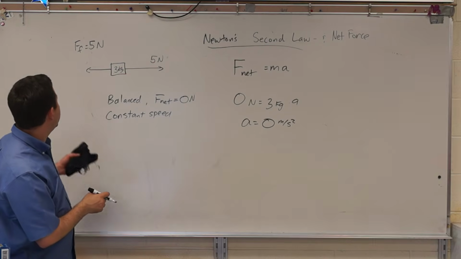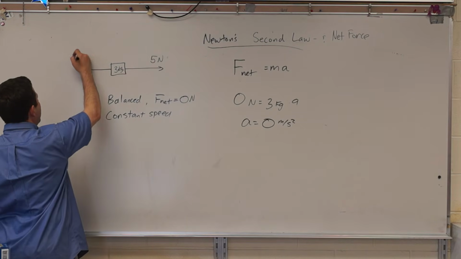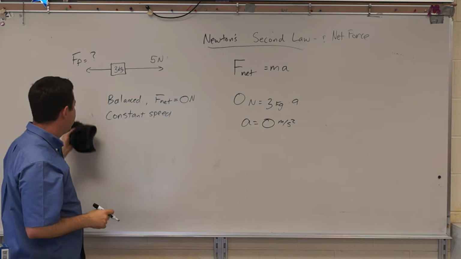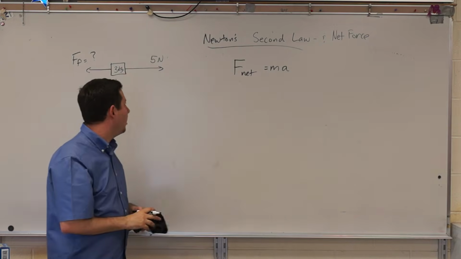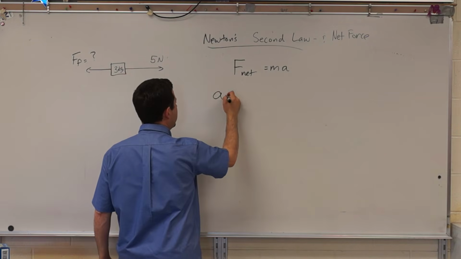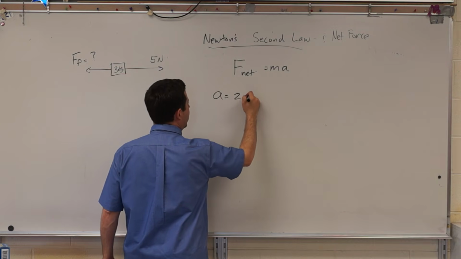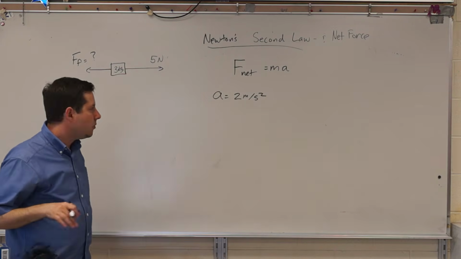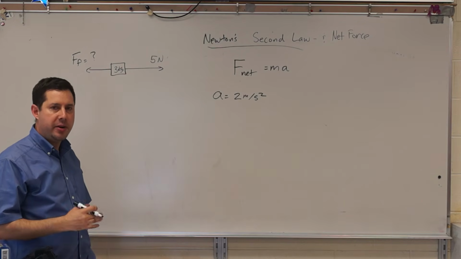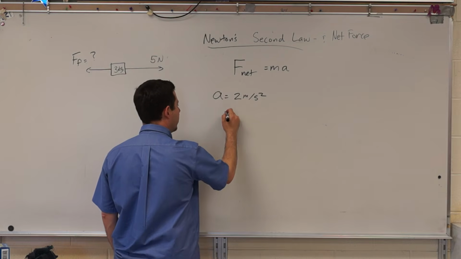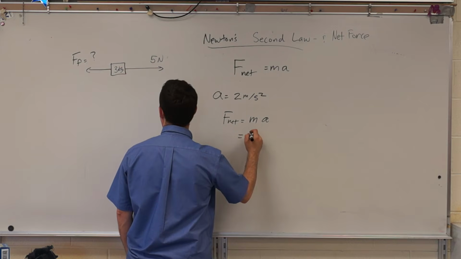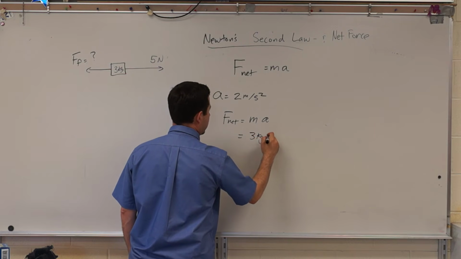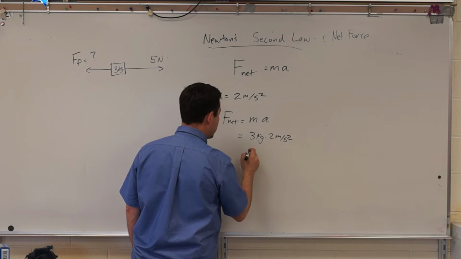Final example here. Let's say I know there's a frictional force, but I don't know what it is. But I do know the acceleration of it. Let's say the acceleration is equal to 2 meters per second squared. I can work backwards. One of the tricks in figuring out these problems is figuring out the best way to work. So I can say net force is then equal to mass times acceleration, or in this case 3 kilograms times 2 meters per second squared, which would be 6 newtons.